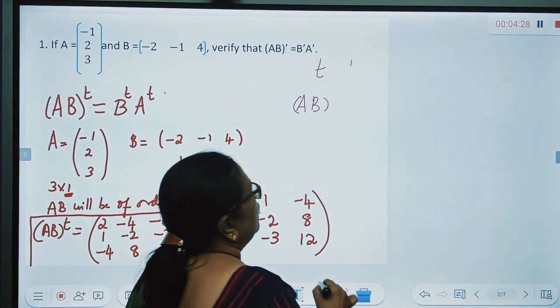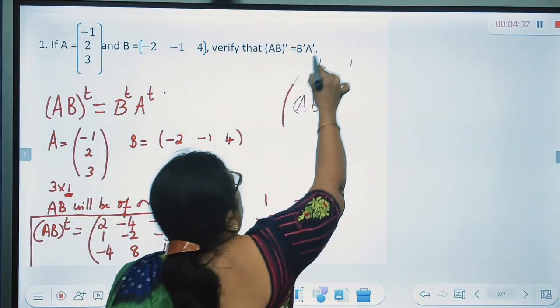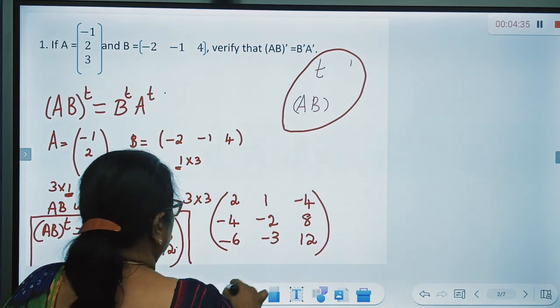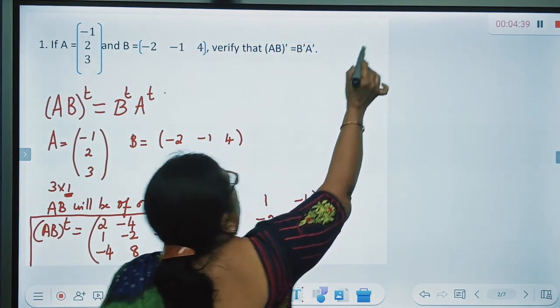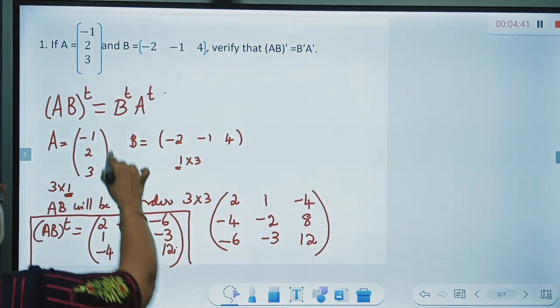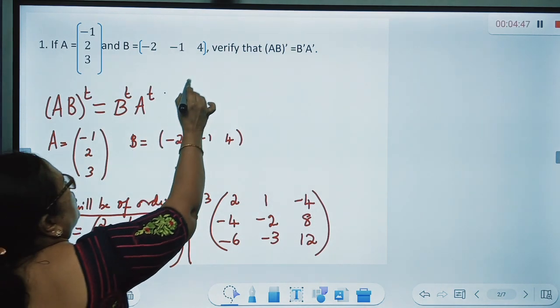Now, we have to check whether this is the same as B transpose A transpose. What is it that we have to verify? Whether B transpose A transpose is equal to this. Now, what is B transpose?